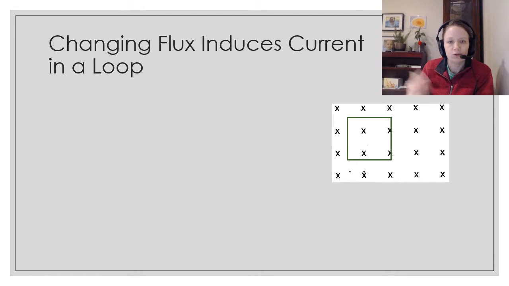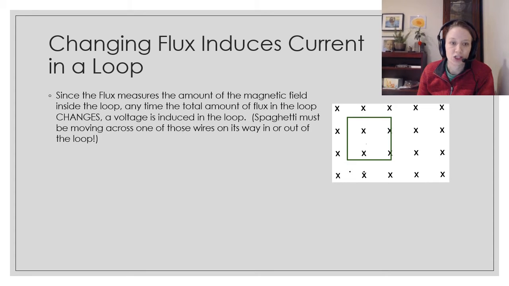So the way we can use flux to talk about inducing voltage and inducing current in a circuit or in a loop has to do with whether or not that flux is changing.